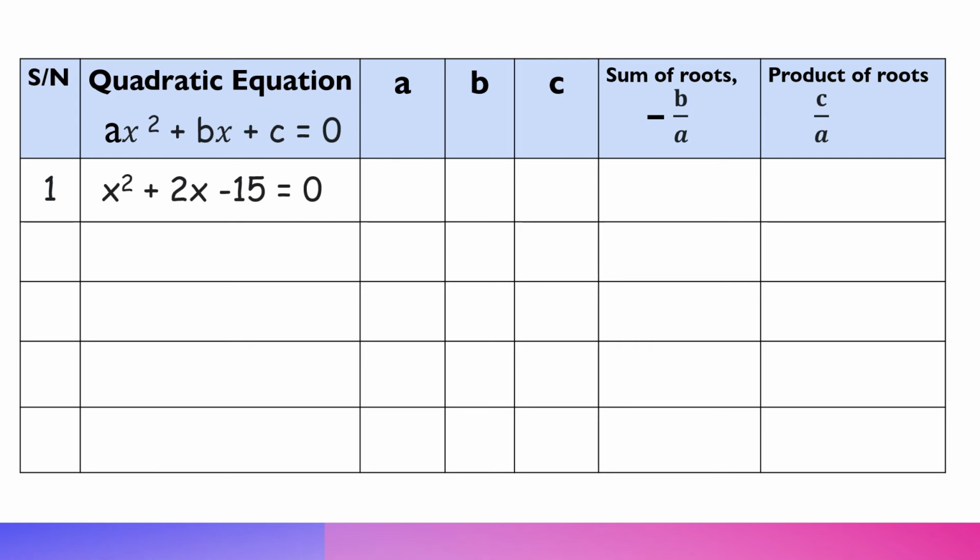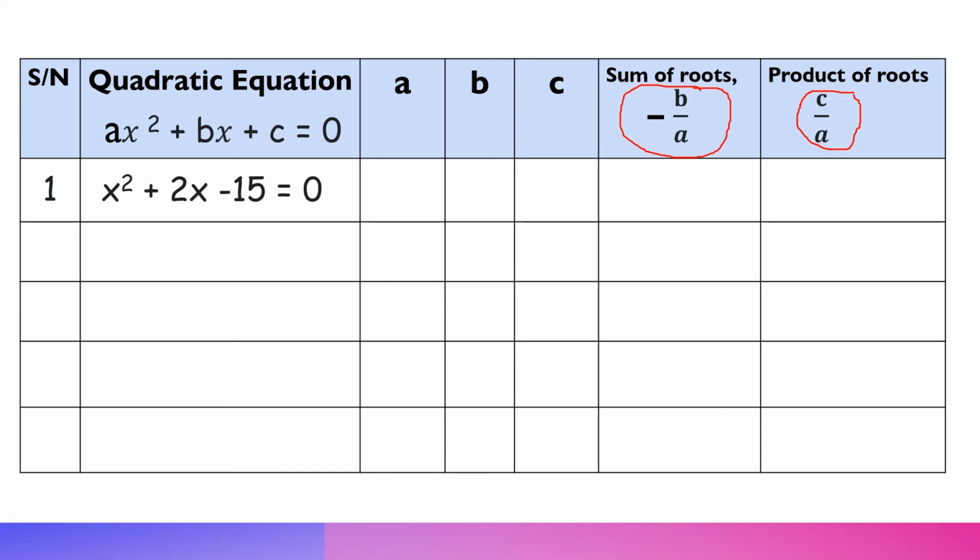All we will simply use is the formula established above, where our sum of roots is simply minus b over a, and the product of roots is simply c over a.